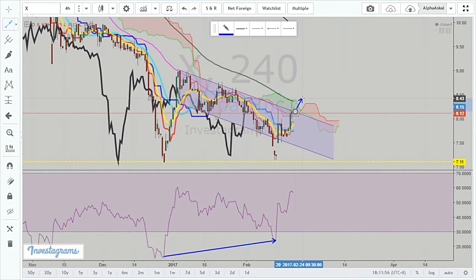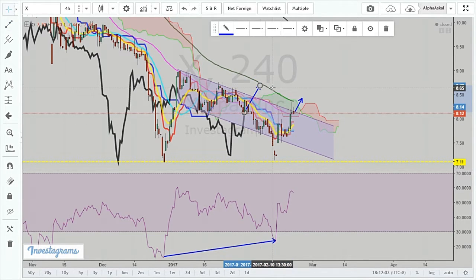Price action should close outside that, and also our Chikou span should move outside the Kumo as well. So one sign of this is our crossover. So we have a good chance that we are about to break out or reverse from this long downtrend for X.